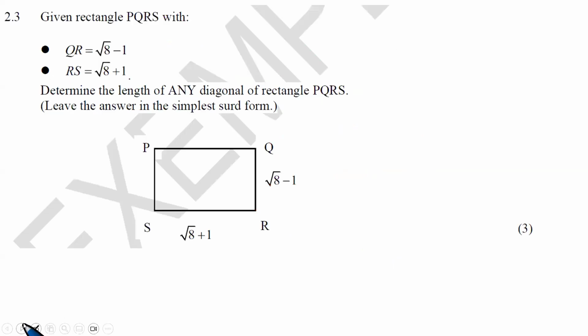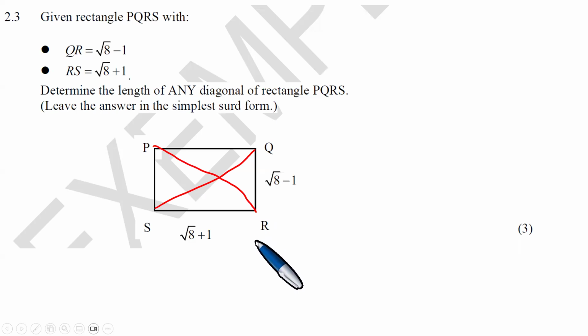In the next point, we are trying to deal with this rectangle. Given rectangle PQRS, QR is the square root of 8 minus 1 and RS is the square root of 8 plus 1. Determine the length of any diagonal of rectangle PQRS. It can either be this diagonal or that. A diagonal is a line segment that runs from a vertex of a shape to the opposite vertex.